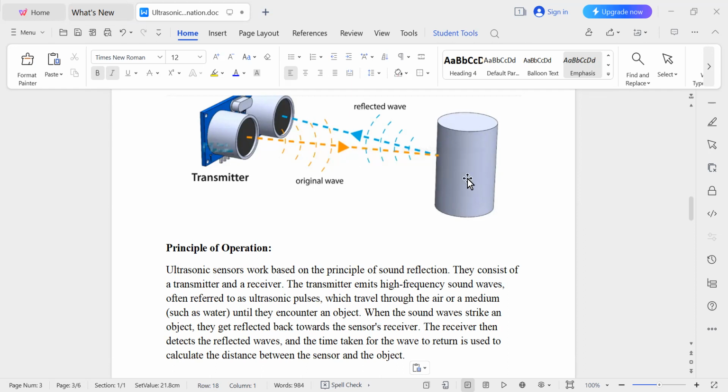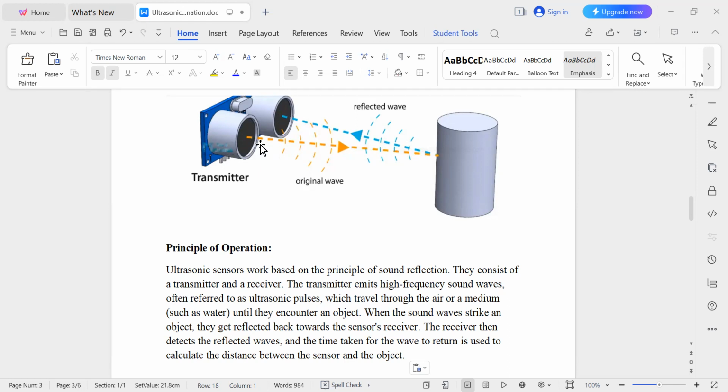Assume this is your object. It keeps on moving till it finds an object. When the sound waves hit the object, they get reflected back towards the sensor's receiver.